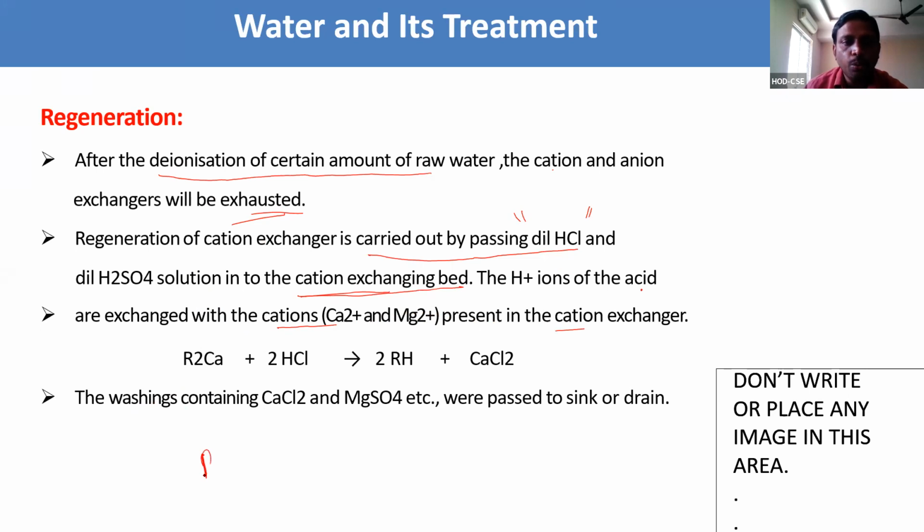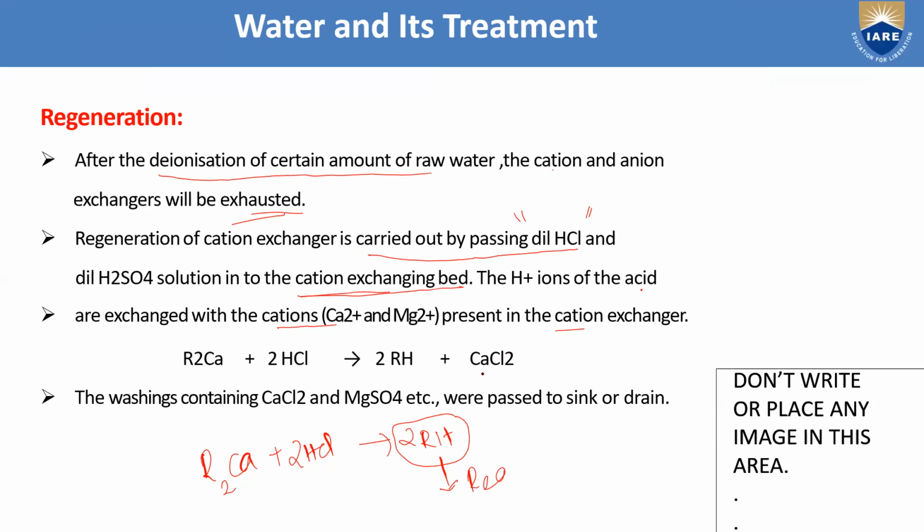Here, the R2Ca we got during the process reacts with the HCl acid and forms RH. This is nothing but regeneration of resin. We get RH plus CaCl2, just the reverse.